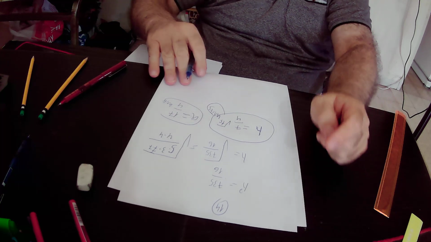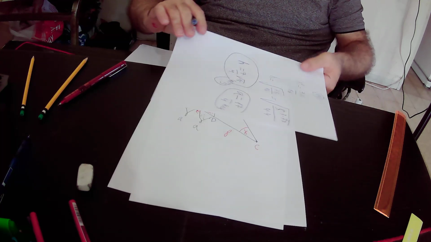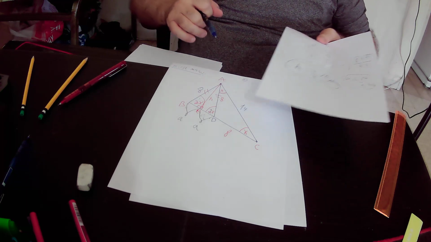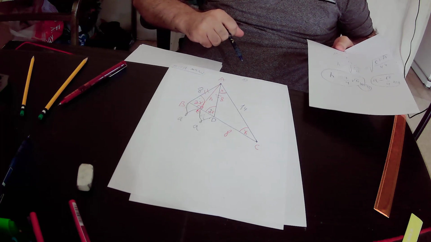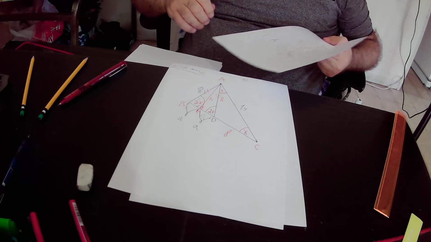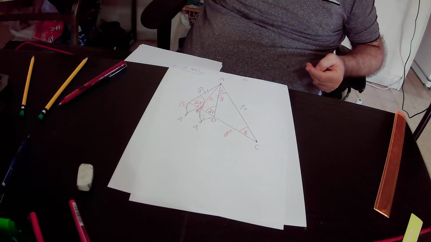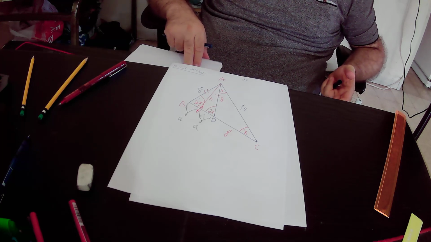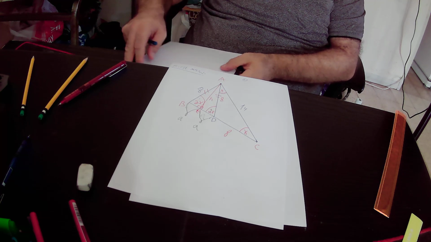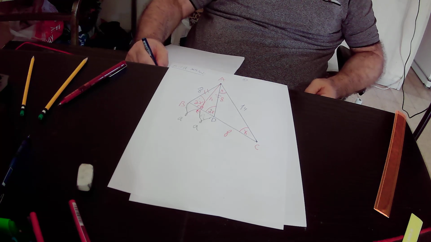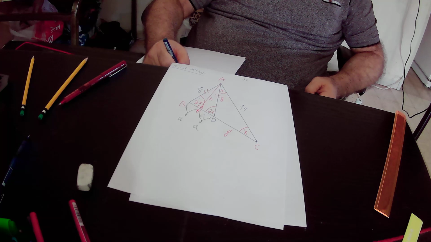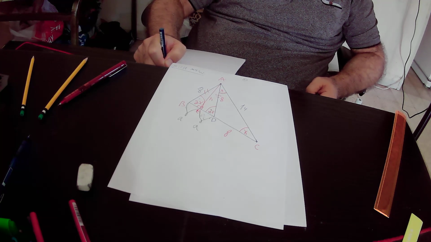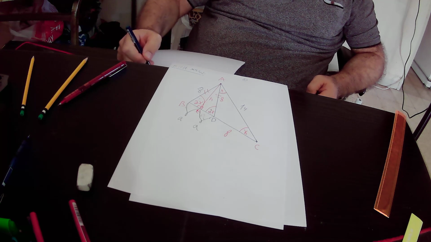Okay, so actually we know the height of triangle ABC. We know the value of a. So what is the area of any triangle? The area of any triangle equals the base of the triangle times the height to the base.